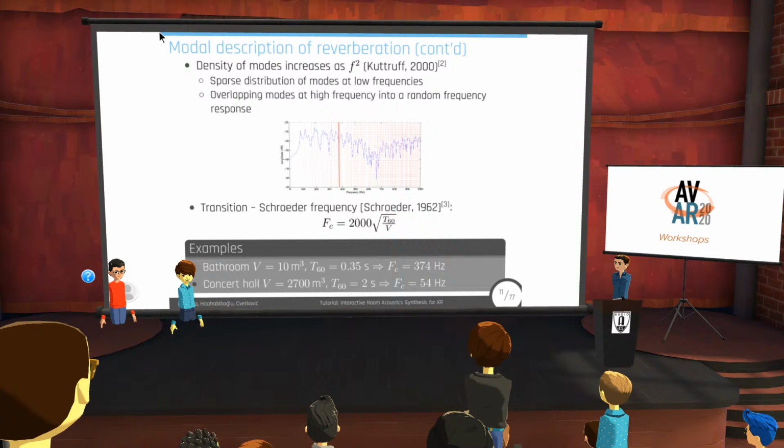Whereas for a bathroom, at 400, the area below the Schroeder frequency can really be perceived. One of the main features of this is that when the modes are well separated, sometimes you perceive that as a kind of metallic sounding reverberation.